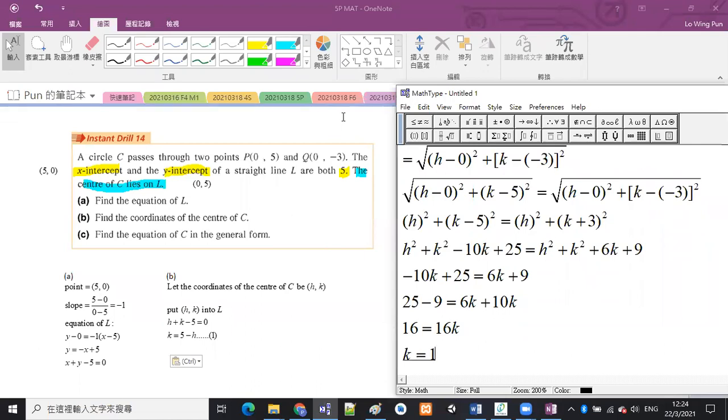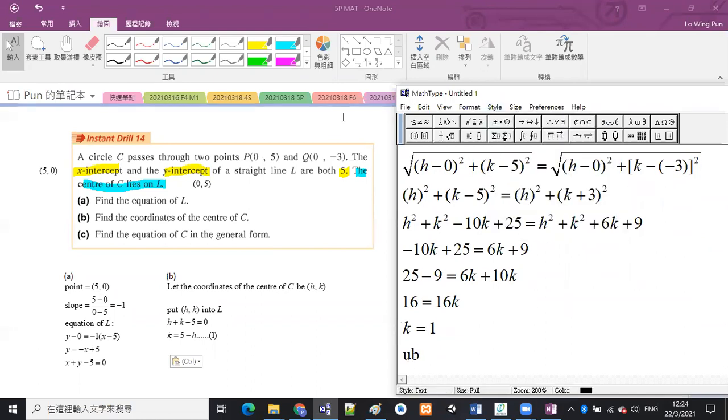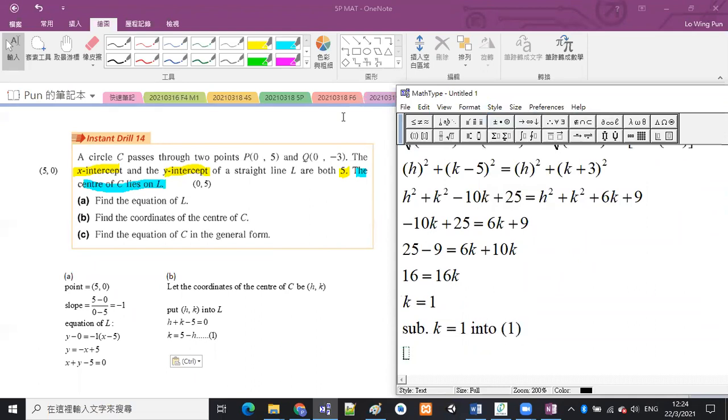Okay, we have already found one of the unknowns, so we can substitute the value of k into equation 1. We do not need equation 2, okay, because from equation 2, h is already eliminated.